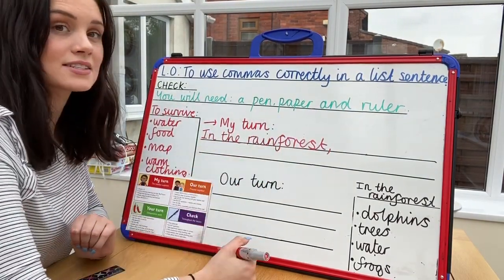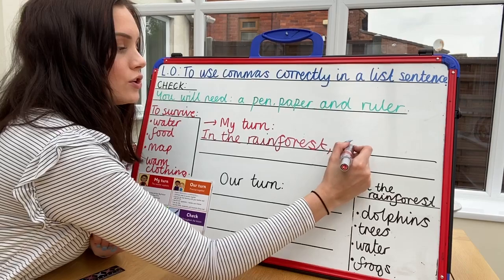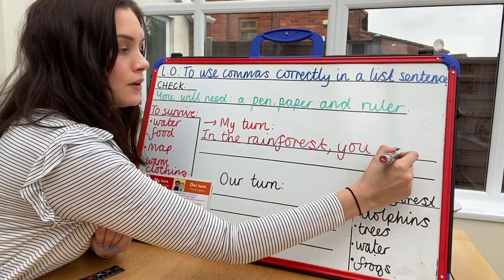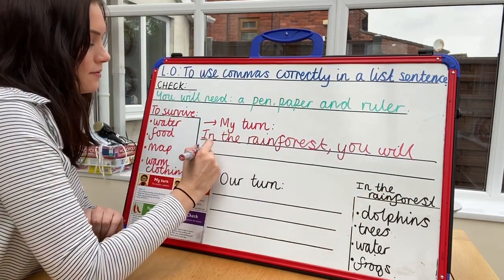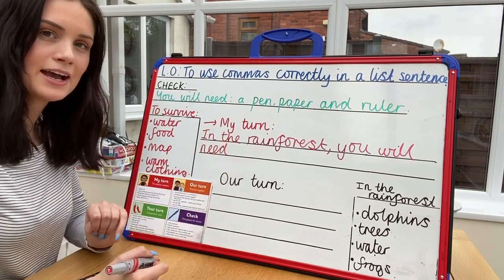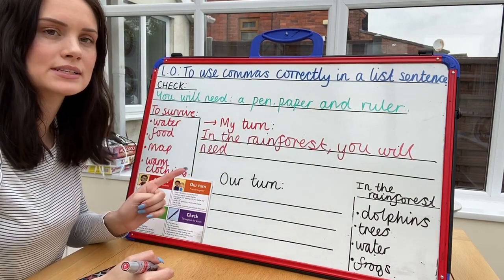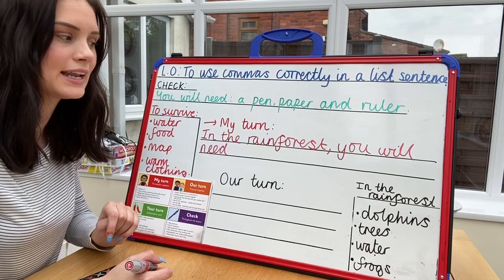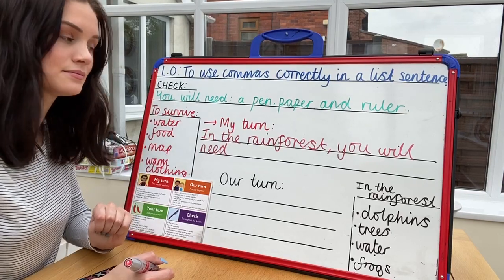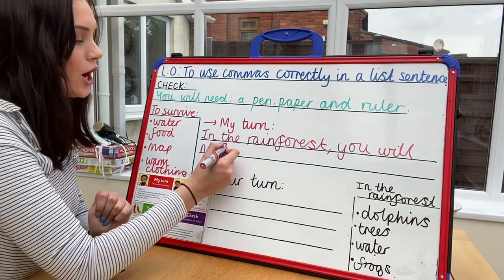In the rainforest, you will need. Now, I wonder what type of punctuation I'm going to add in just before I introduce my list. Could you tell me? Yes, that's right, a colon.